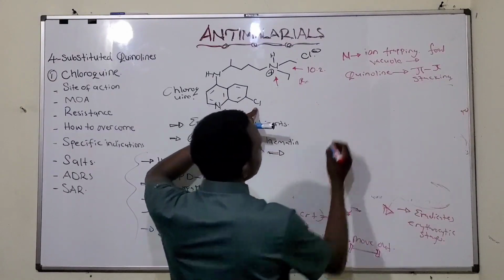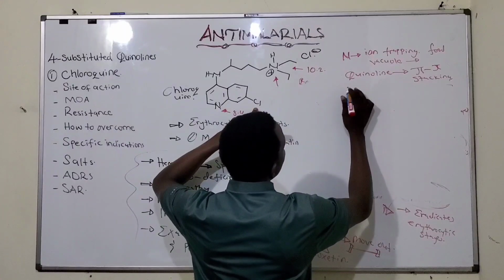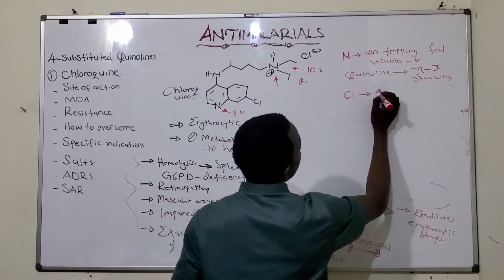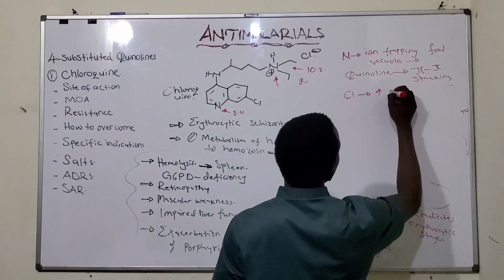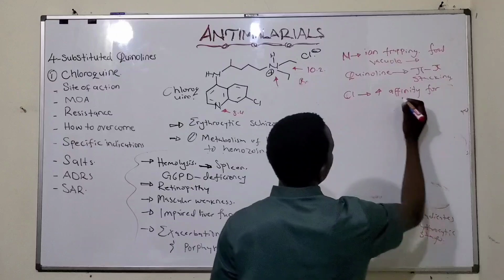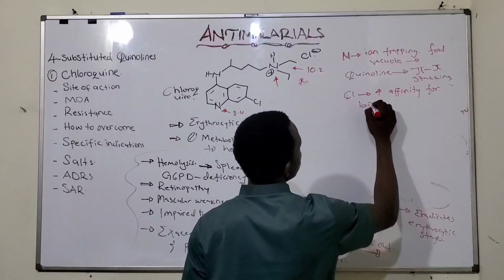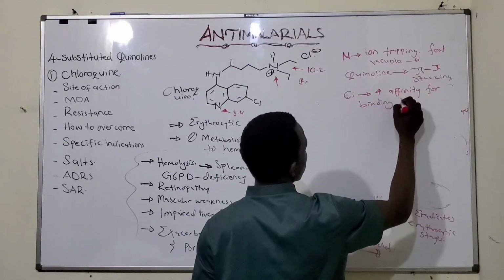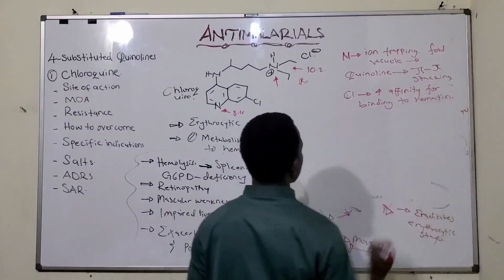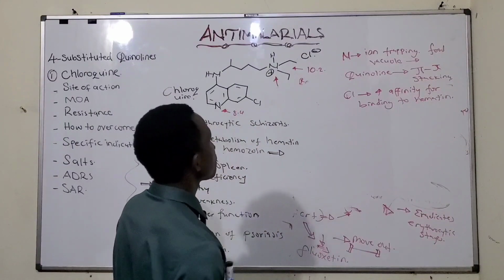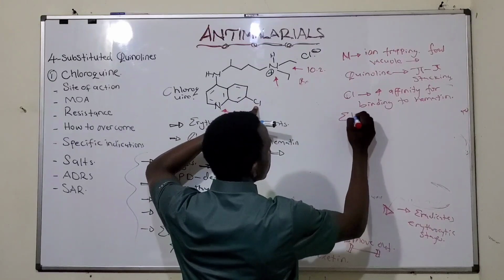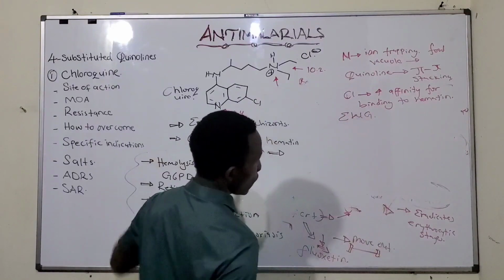The chlorine here increases the affinity for binding to hematin, or the free heme, and it should be an electron withdrawing group.